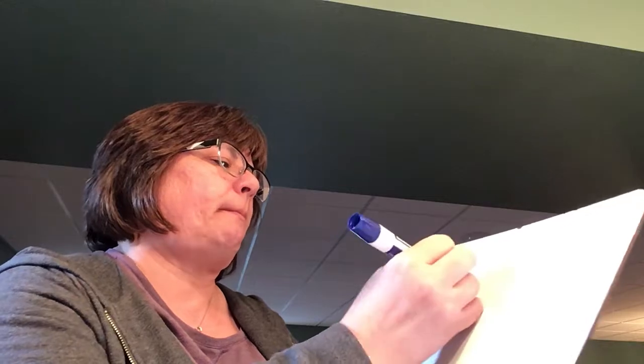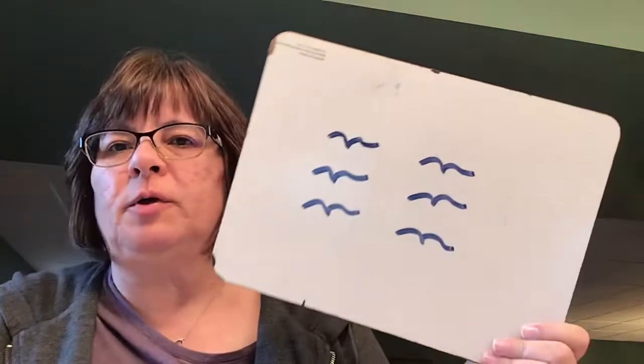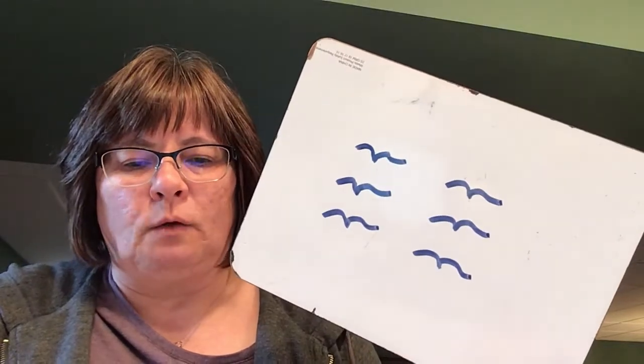All right, there's a couple more I want to show you. I've got 6 birds in a tree. There are my birds. Mine are flying away, though. Okay. 6 birds in a tree. 1 flew away. This one did.